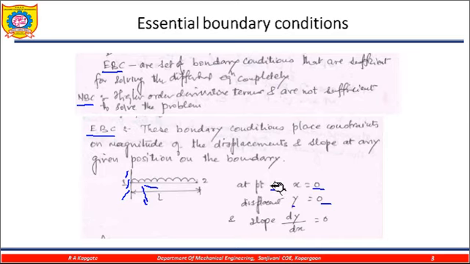That's why at point 1, x is equal to 0 and y is equal to 0, while the slope dy by dx is also equal to 0. Hence these conditions are called your essential boundary conditions.